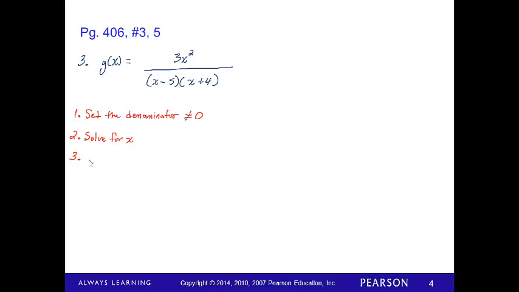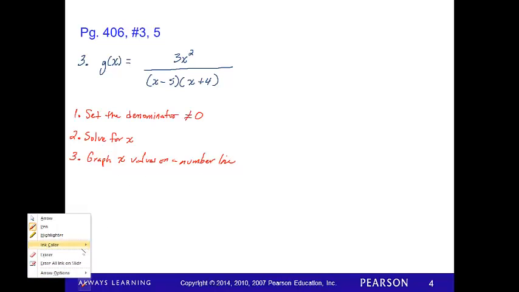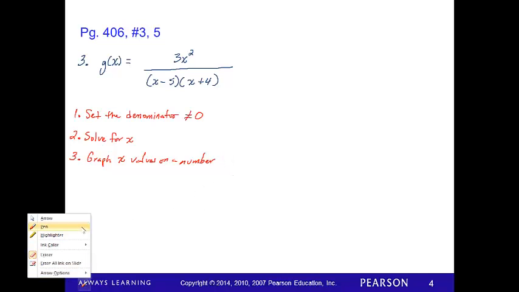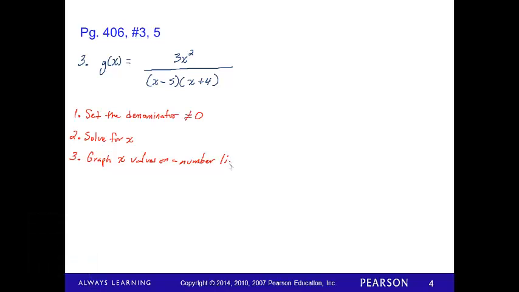Step 3, graph the x values on a number line. And then step 4, find the domain. So let's go ahead and do that.